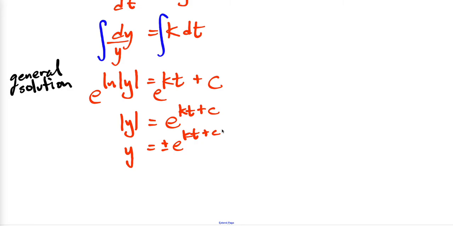Why does the absolute value make the other side plus or minus? Let's say we write that, which has nothing to do with our problem.